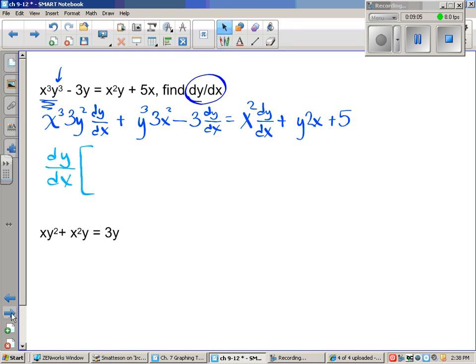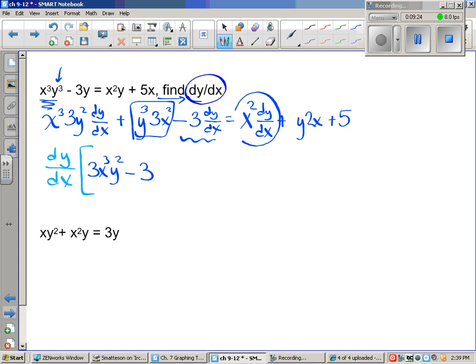So what I'm saying here is this first term has a dy/dx. So that's going to be 3x cubed y squared. This next term, I know I'm going to be moving to the right. Then I have minus 3, because that has a dy/dx, right? Then I look at this next term, it has a dy/dx, so I've got to move it to the left-hand side, so it's going to be a minus x squared, and the dy/dx would play out in front.